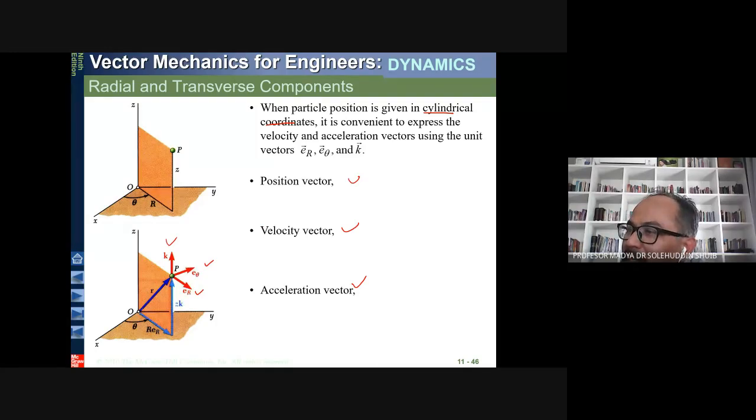This is the position vector of the particle, with theta, r, and then the height, z, which is the location where the particle P is located.